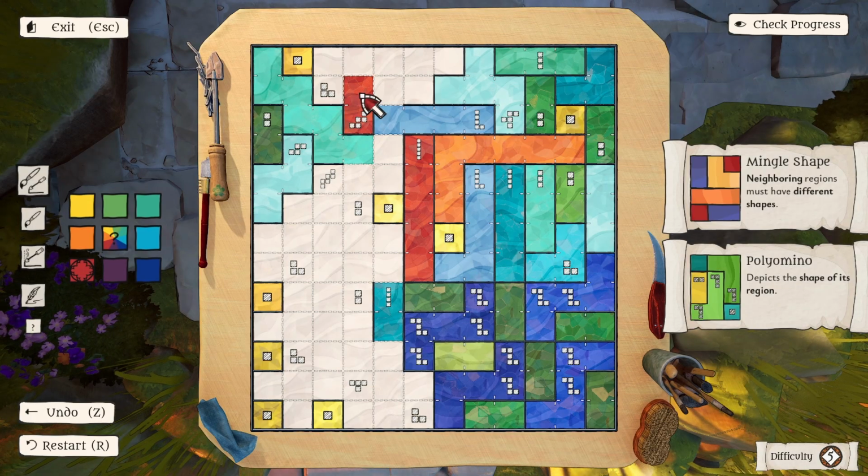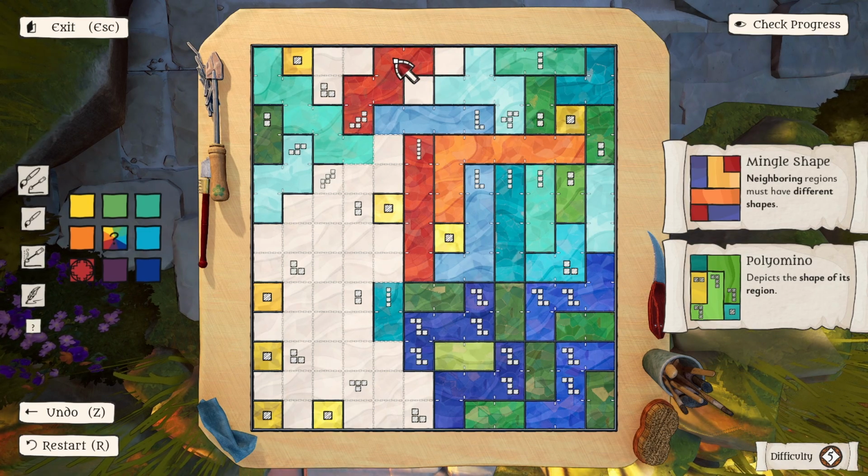We have that part. It can only be that. Yeah, I don't like the numbering that they use.